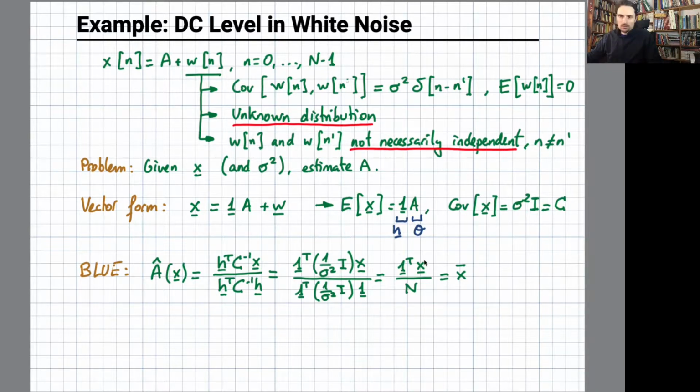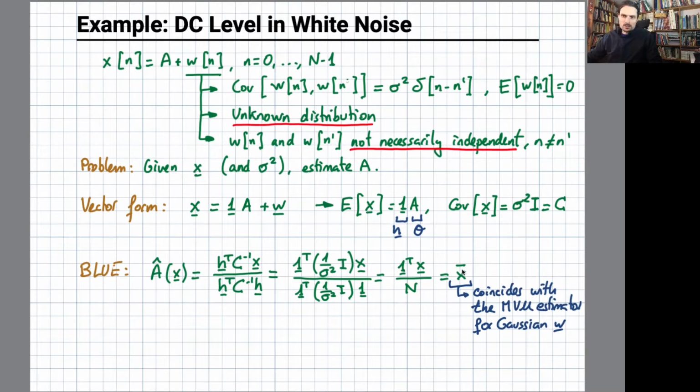And this is obviously the sample mean of the entries of x, right? This numerator is just the sum of the entries of x, and this is normalized by the number of entries of x. All right, so remember that we denote the sample mean or average by x bar.